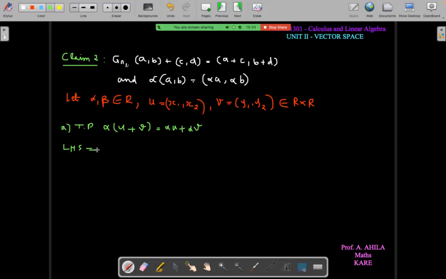The left hand side is alpha into (u plus v). Now substitute this u and v. We get alpha into, instead of u we put the ordered pair (x1, x2), plus v, the ordered pair (y1, y2).